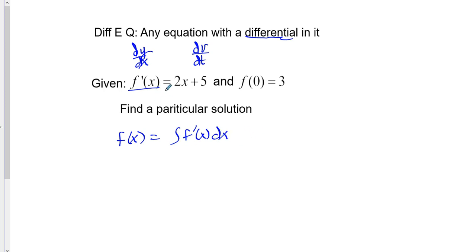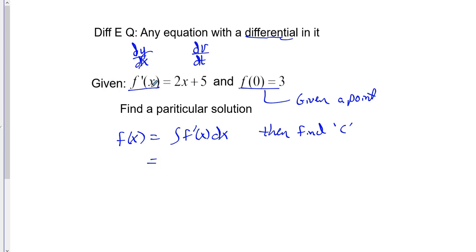So we'll just evaluate that, but this isn't entirely true. I'm going to have to then solve for c, right? I'm going to integrate, then find c using the solution point that's given. We've worked with these before.